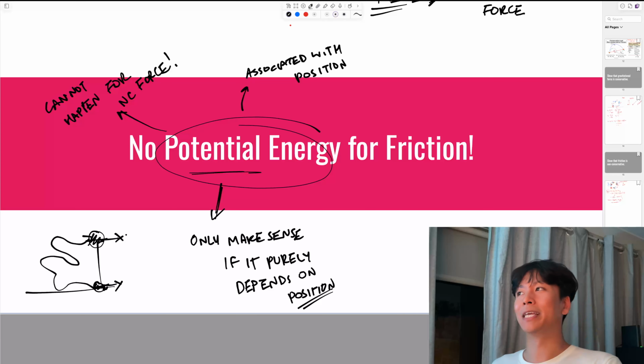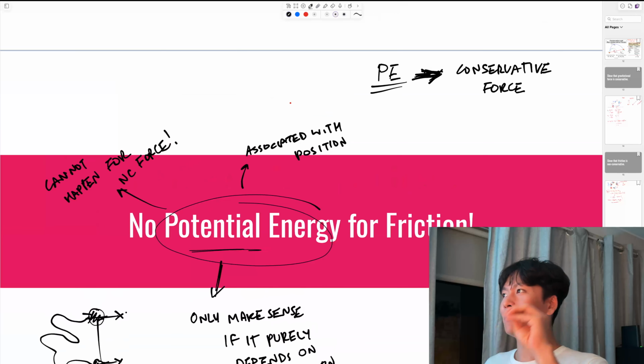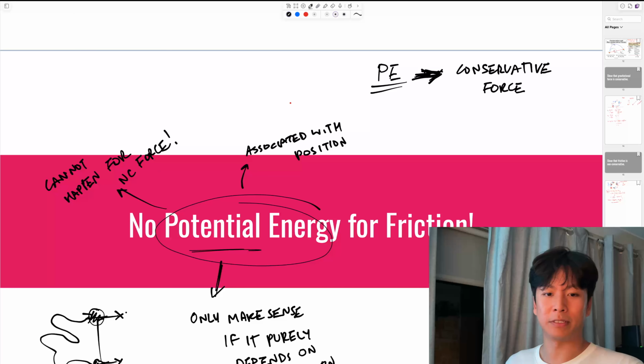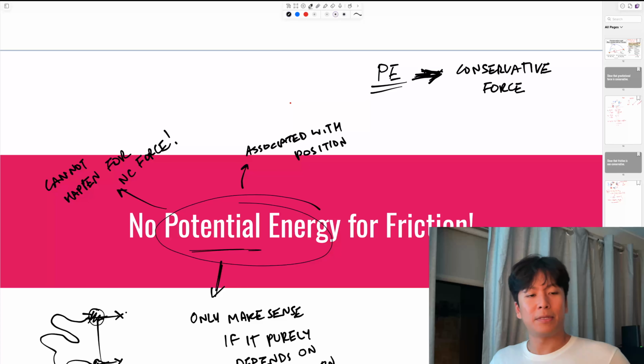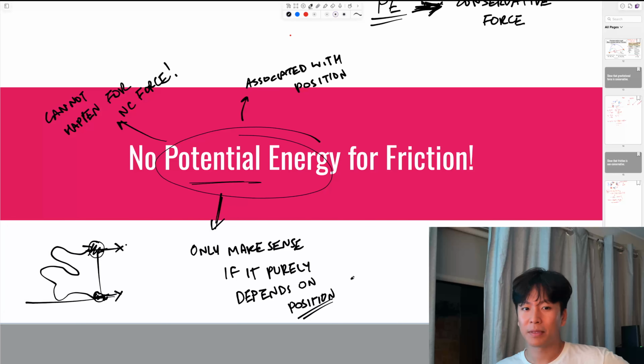That's probably a better wording. Potential energy can only be defined for conservative forces. So potential is always associated with the force. Not all forces will have a potential energy. So there's no potential energy for friction, for example.